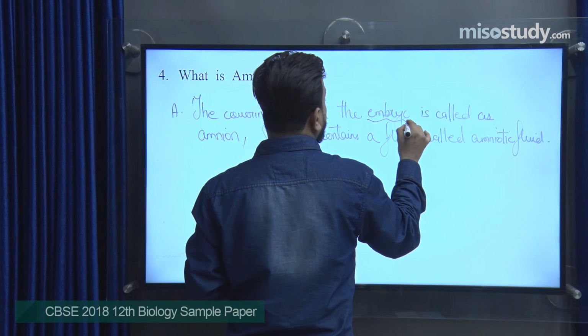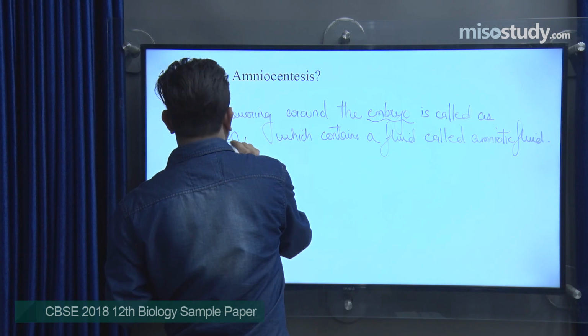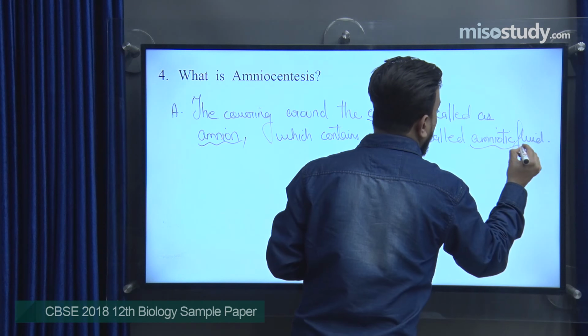So the covering around the embryo is called the amnion, and it contains a fluid called the amniotic fluid.